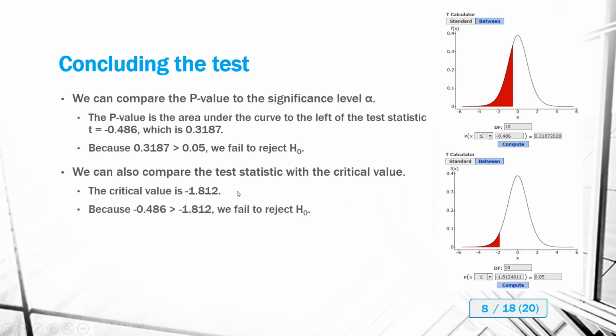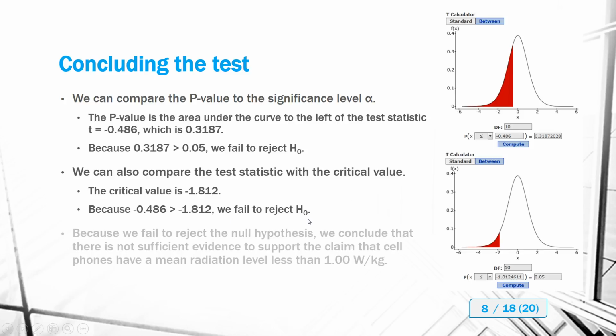Now, because our test statistic is outside the critical region bounded by the critical value, we're going to fail to reject H0. So the boundary of the critical region is negative 1.812. But our test statistic is over here by 0. It's negative 0.486. So it's outside the critical region, therefore we're going to fail to reject the null hypothesis.